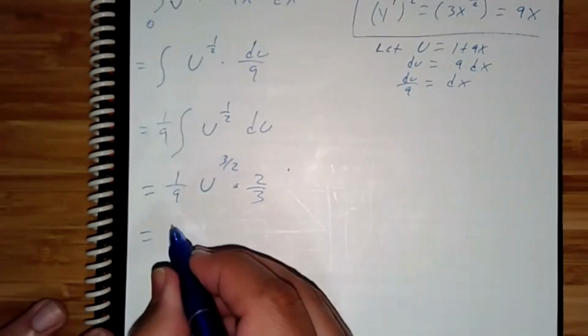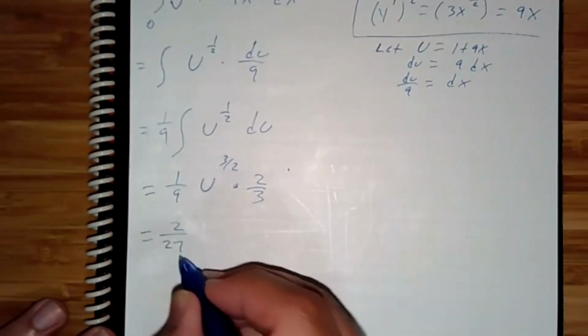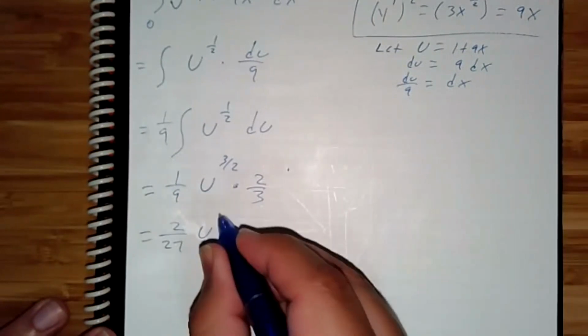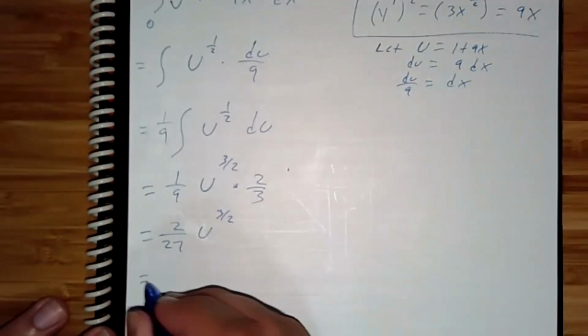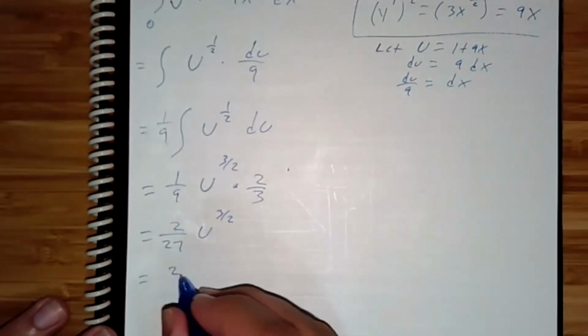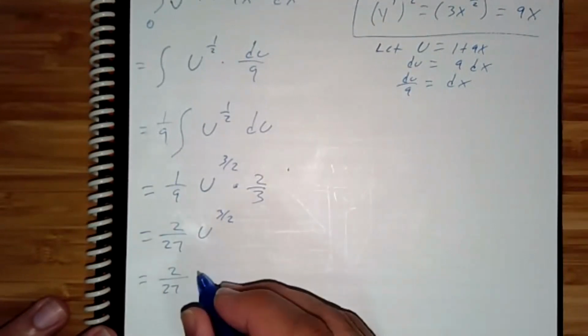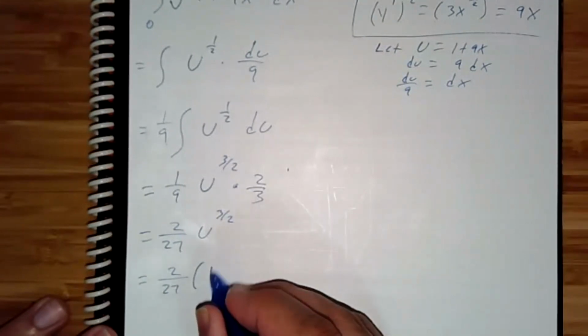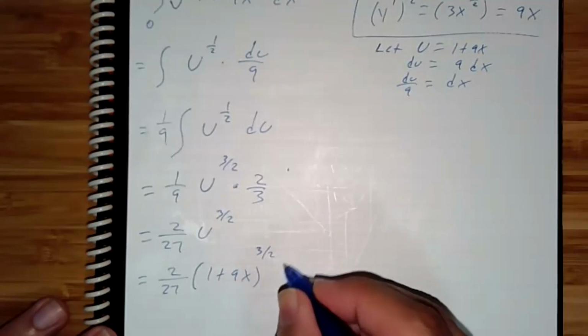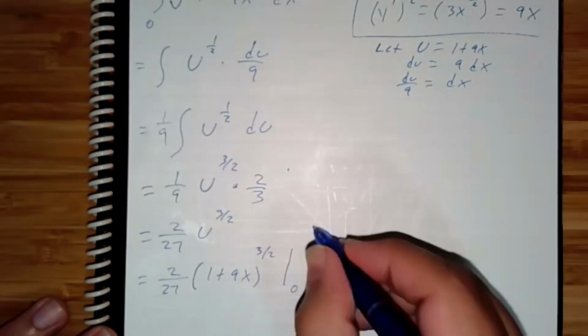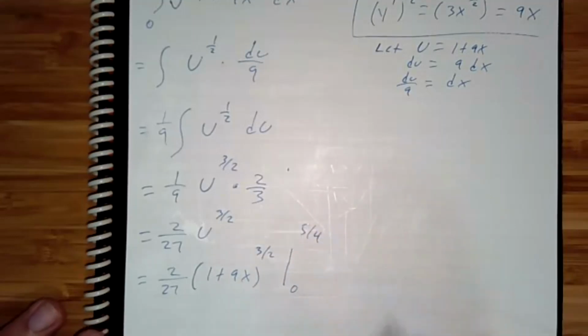All right, so that'll be 2/27 u to the 3/2, which ends up being 1/27 times (1 plus 9x) to the 3/2 from 0 to 5/4.